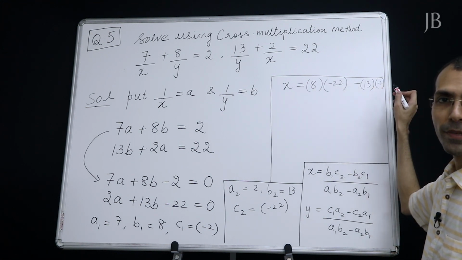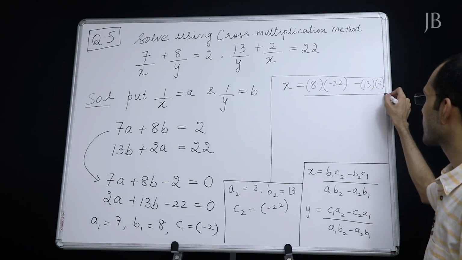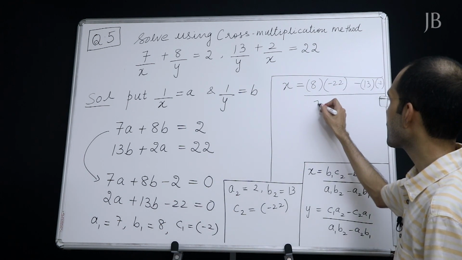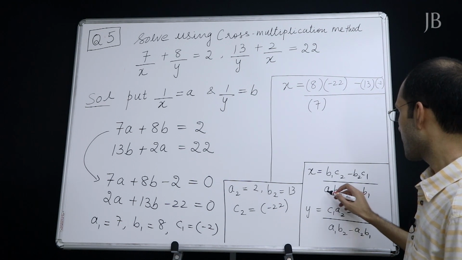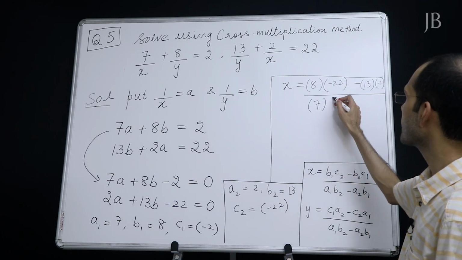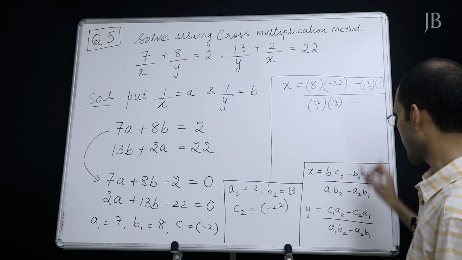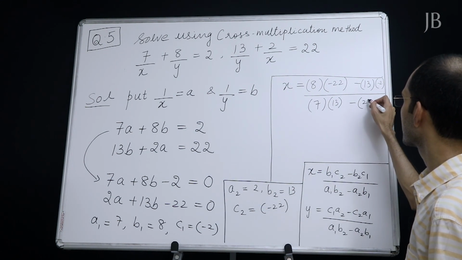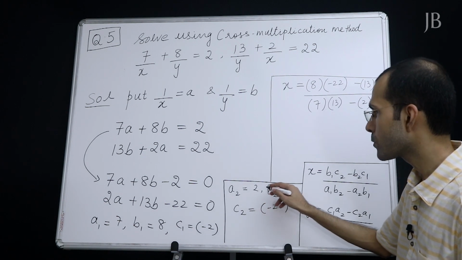Make use of brackets, it will make things easy. Full thing divided by A1 B2. A1 is 7, B2 13 minus A2 B1.